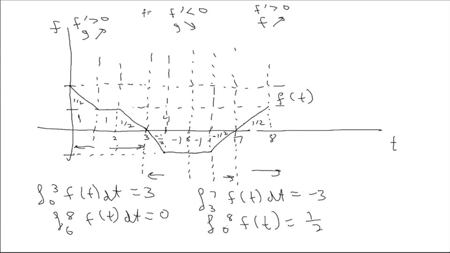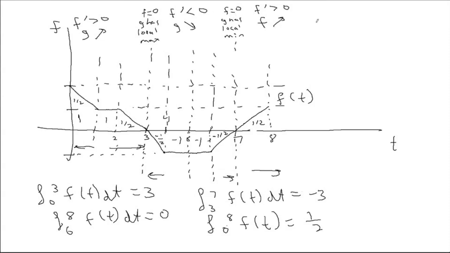At this point, f is 0, and G has a local max. And at this point, f is 0, and G has a local min. So where f is 0, that gives you the candidates for where G could be a local max or min. It doesn't guarantee that there's a local max or min, but it gives us the candidates.